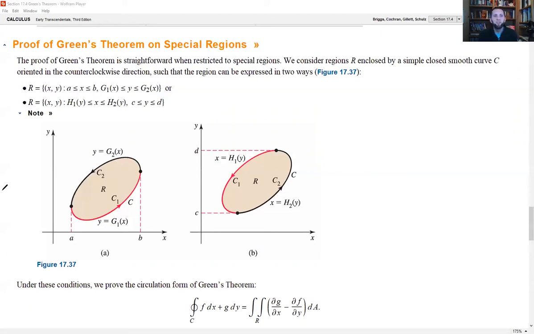So the proof of Green's theorem is straightforward when restricted to special regions. We consider regions R enclosed by a simple closed smooth curve C oriented in a counterclockwise direction. So we're going to go around this direction such that the region can be expressed in two ways. So it can either be described as between an upper and a lower part, or it can be described as being between a right and a left side.